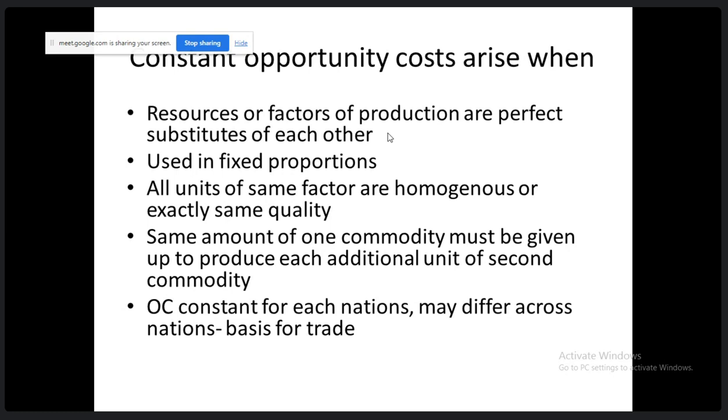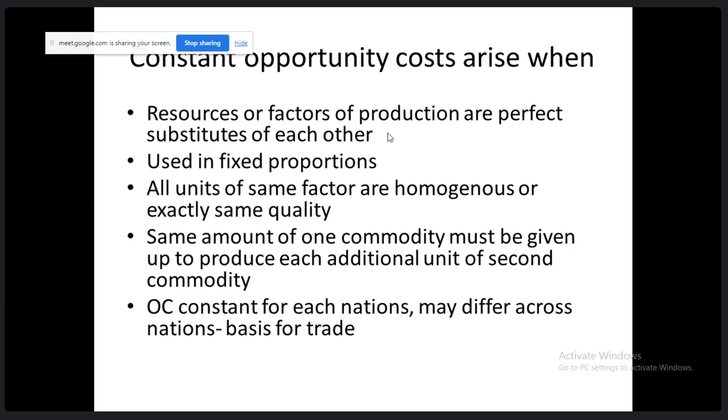That's the reason when we are increasing the production of one commodity and expecting the resources to be released from the other commodity, we are saying that the cost remains constant. That means there is no change in the cost. So the factors of production are perfect substitutes of each other.